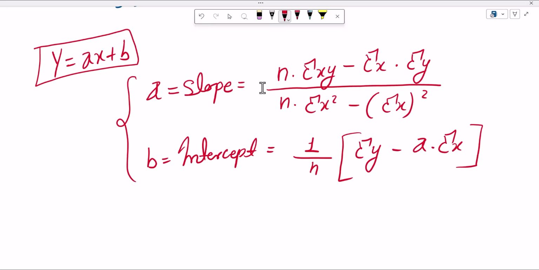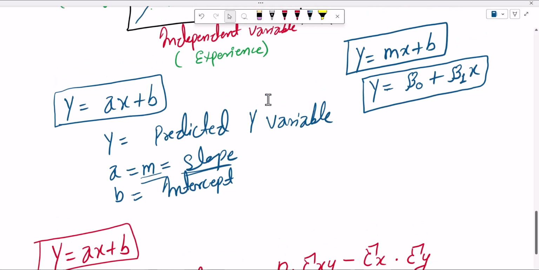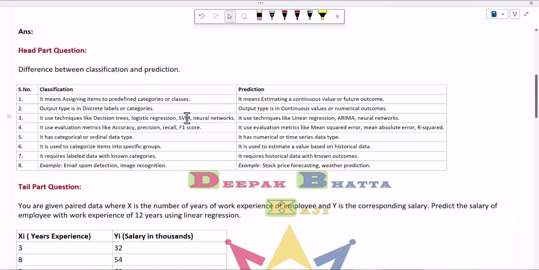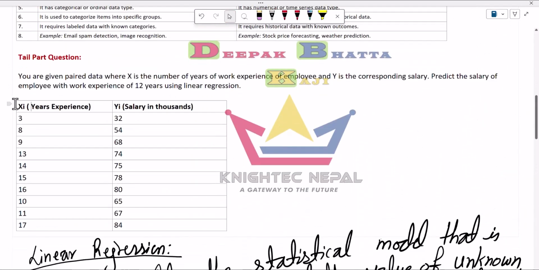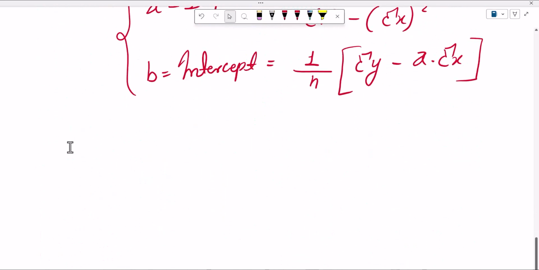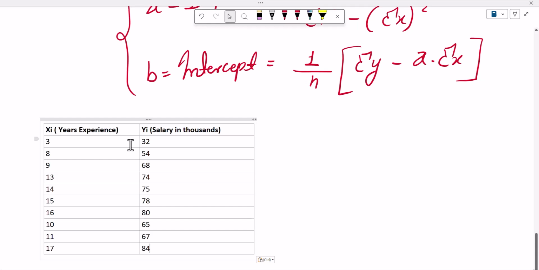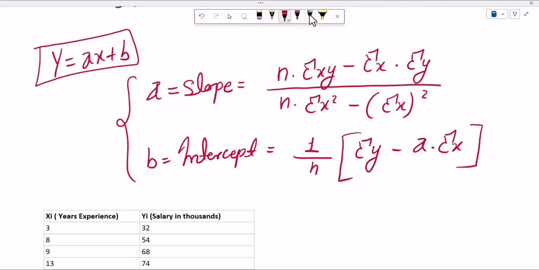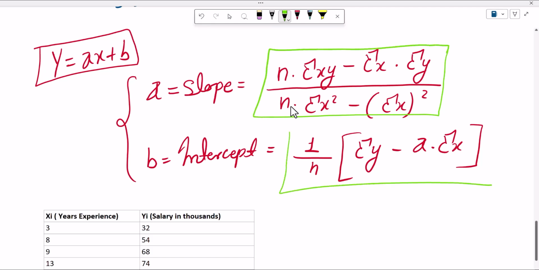So let us move on to the question part. We need to copy this table down. In the question they give the x and y. Now you need to remember this formula for a and this formula for b, which is the intercept.